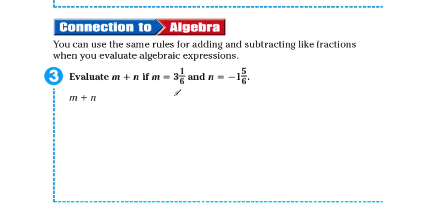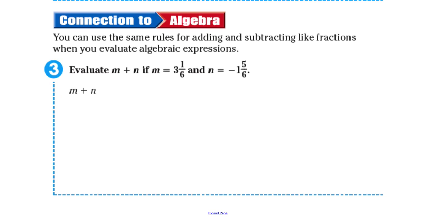Okay, so let's take a look at this one. Connection to algebra. Evaluate m plus n if m is equal to 3 and 1/6 and n is equal to negative 1 and 5 over 6. Okay, so this is an algebraic expression, and we want to get the sum. And remember, when you talk about evaluate, evaluate means find the value of, and to find the value you need to substitute and you need to simplify.